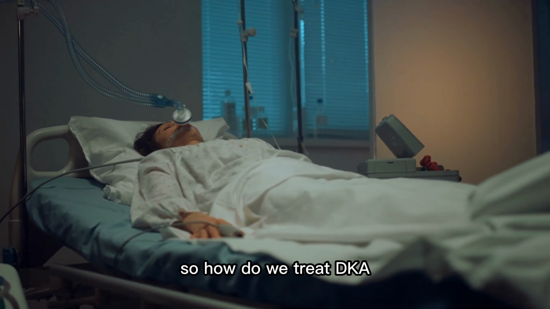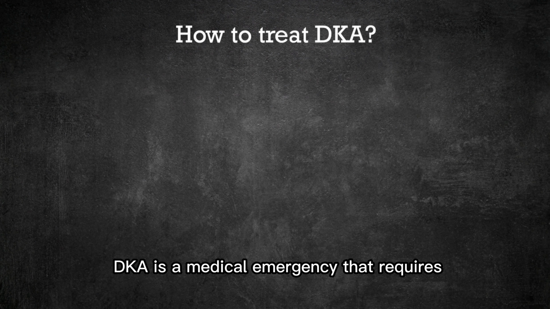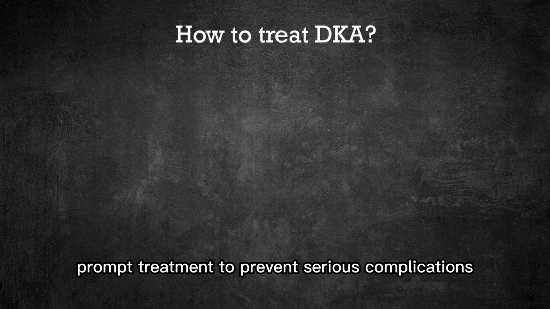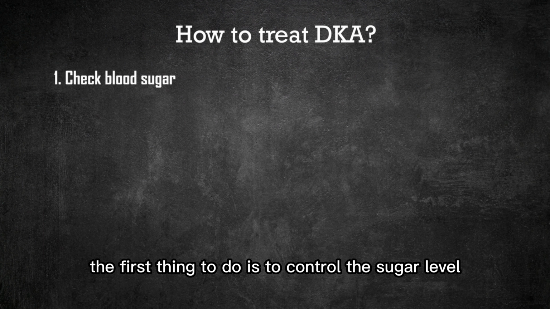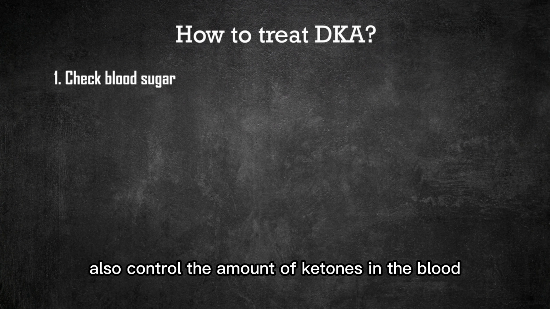So, how do we treat DKA? DKA is a medical emergency that requires prompt treatment to prevent serious complications. The first thing to do is to check the sugar level to confirm high blood sugar. Also, check the amount of ketones in the blood.